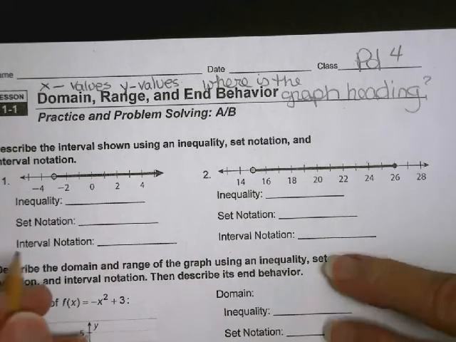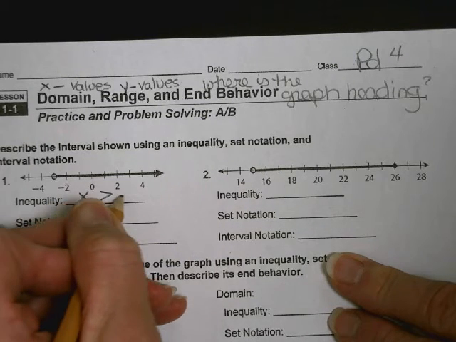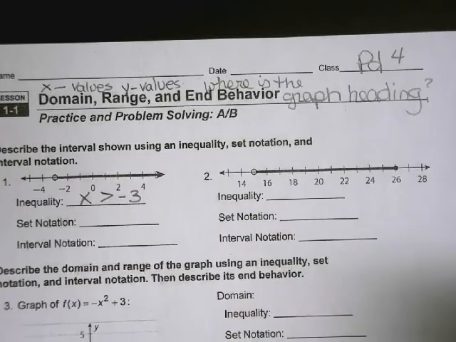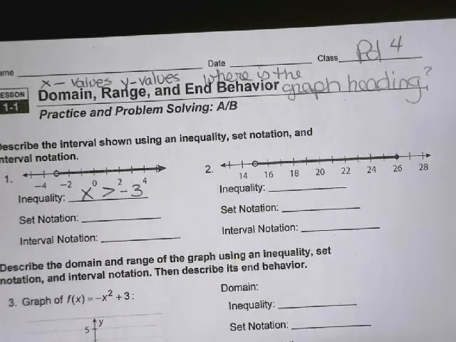Okay? The inequality: x is greater than -3. Do you remember the greater than, less than symbols back in the day? Lazy L is less than, the other one's greater than. As well as, you see how that's pointing to the right?